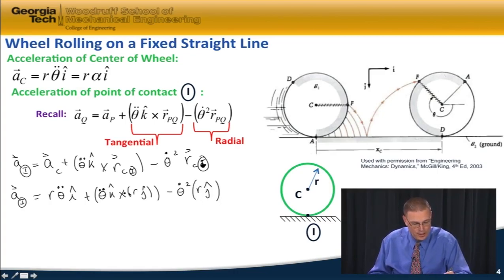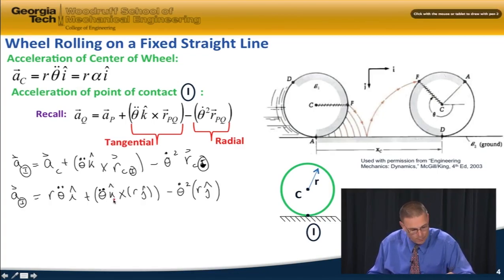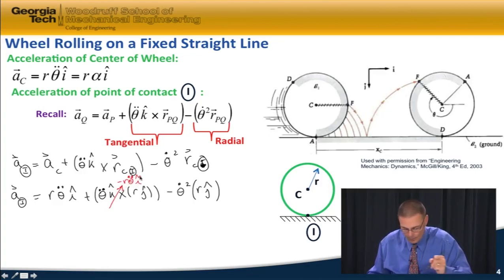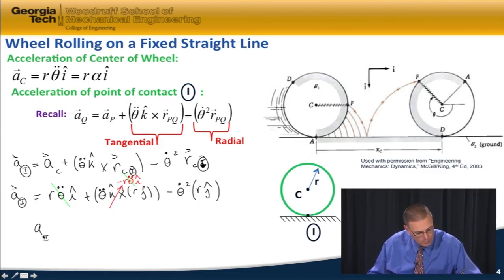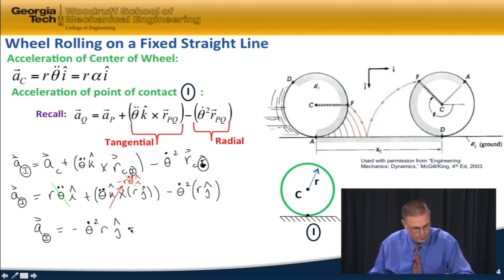And if I cross K with j, that's going to be minus I, so I'm going to get for this term minus r theta double dot I. And now you can see that this term and this term cancel, and I end up with the acceleration of the point of contact equals just this last term, minus theta dot squared r in the j direction.